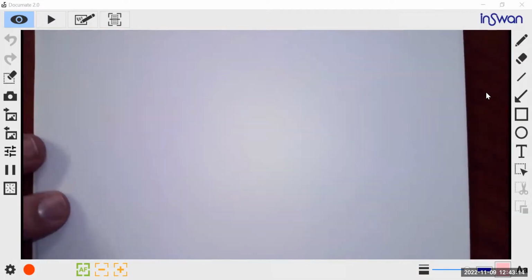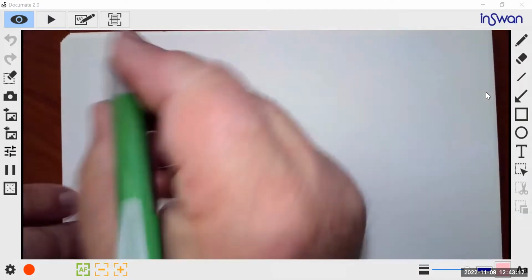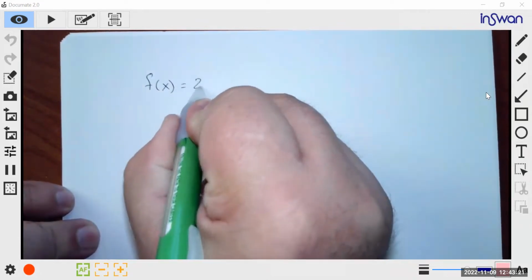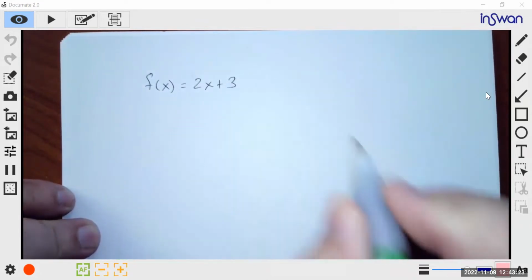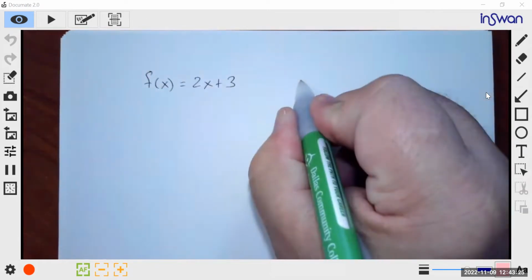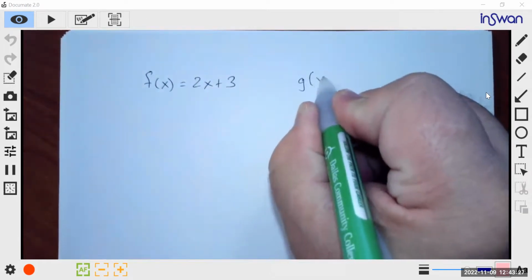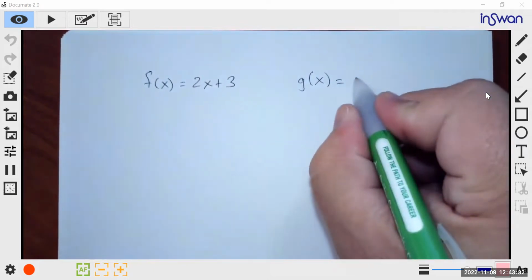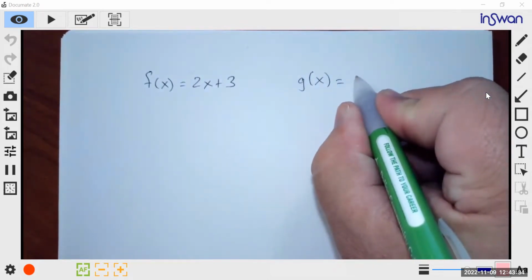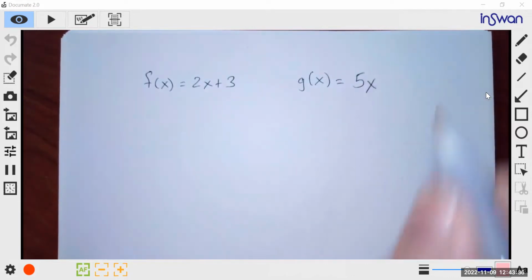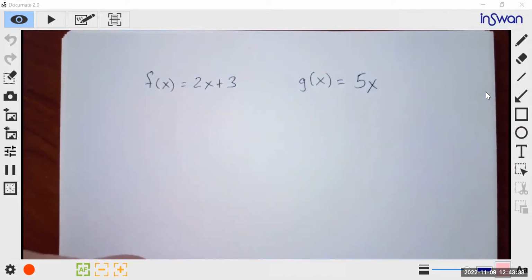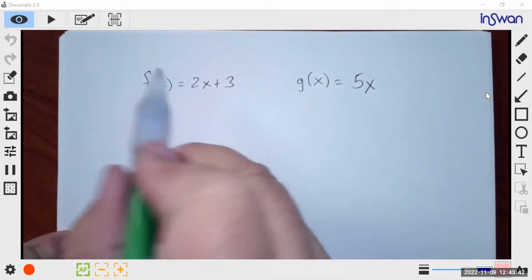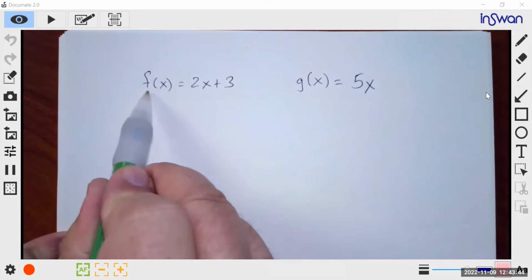All right, so let's look at what this means. Fog and Goff. We have a function, let's say it's 2x plus 3. That's function f of x. The function g of x is, let's just call it 5x. Remember when we first started talking about functions themselves, how this is read?